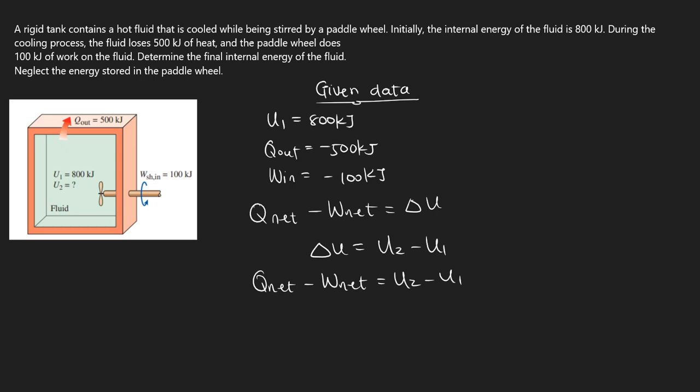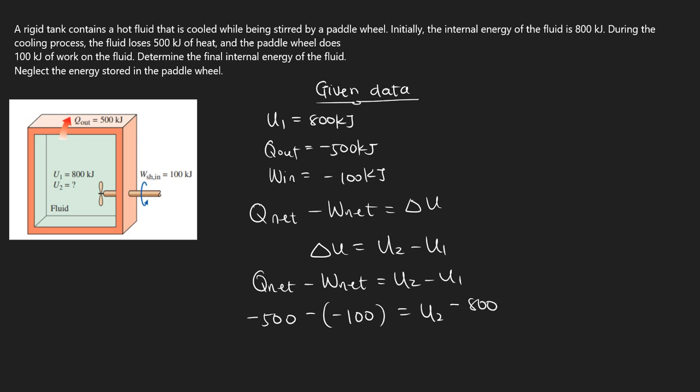Now let's find Q net. In this case, we only have heat output, which is heat lost by the fluid, which is minus 500 kilojoules. So I'm going to have minus 500 here, and then minus the work input, which is also negative, so minus minus 100 kilojoules, and that will be equal to U2 minus U1, which is 800 kilojoules.